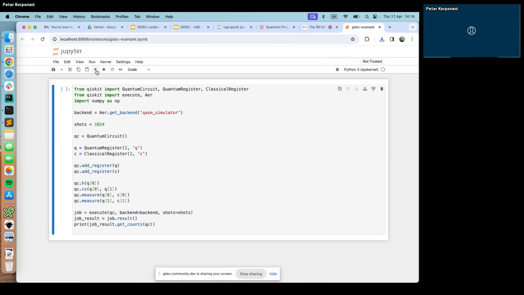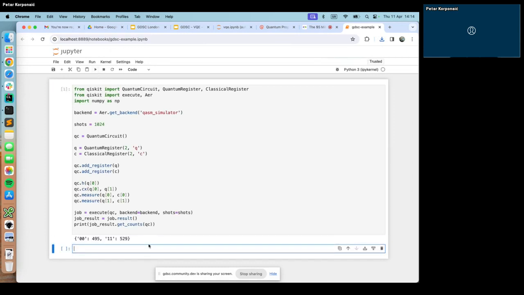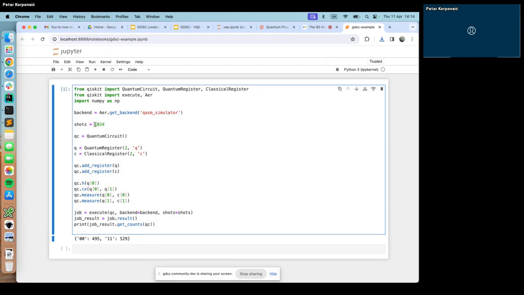I will execute that program, and what we have is the outcome. We executed the program 1024 times, and we have 0, 0 495 times and 1, 1 529 times. If we execute more and more times, we will see that we have 50% probability of 0, 0 and 1, 1 outcome from measurement.